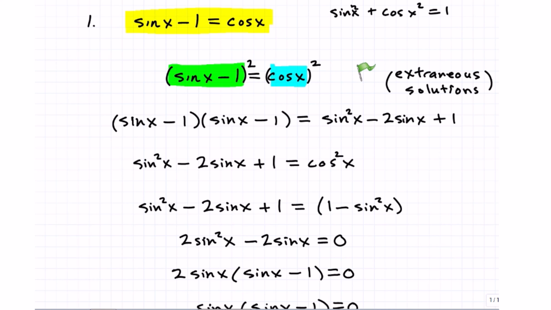But here is a critical thing to keep in mind: when you square both sides of any equation, you have the possibility of introducing extraneous roots. So extraneous solutions, meaning that when we solve, we have to check our solutions in the original equation, because we can have extra or extraneous solutions.